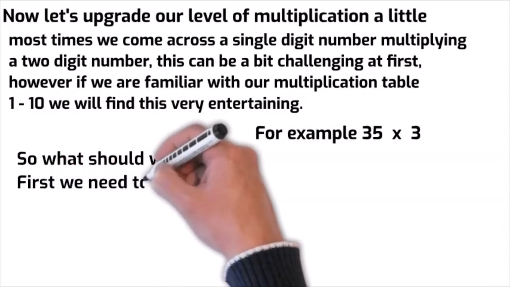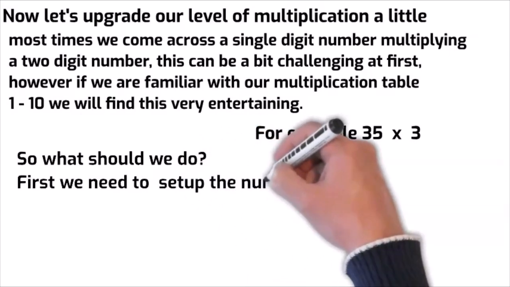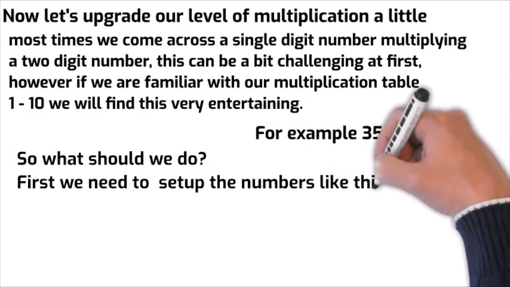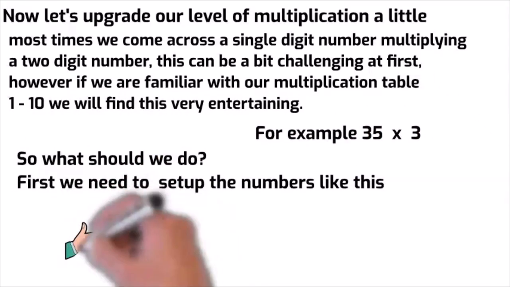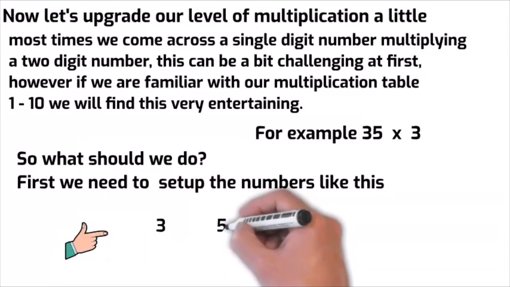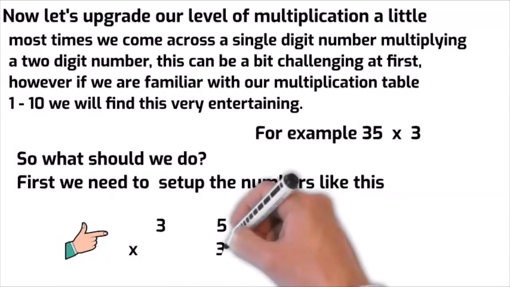First, we need to set up the numbers like this: 35 times 3.